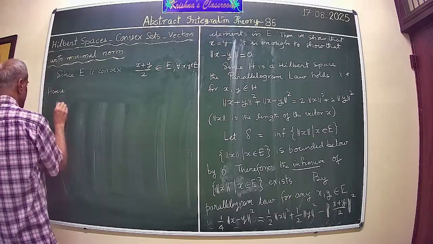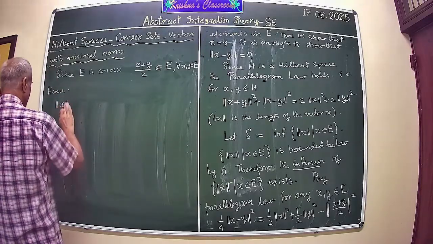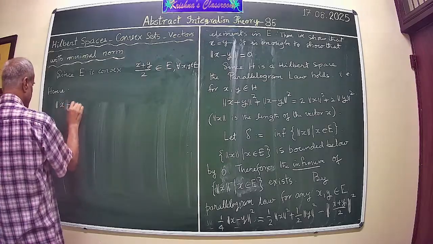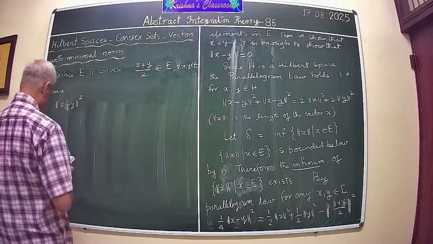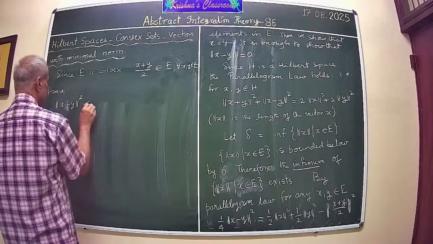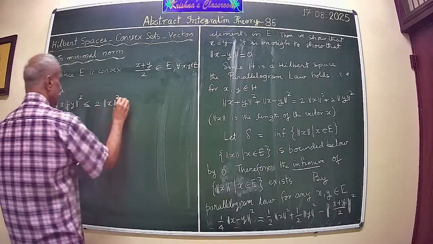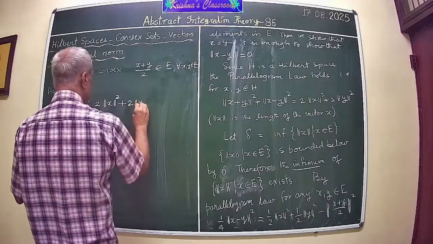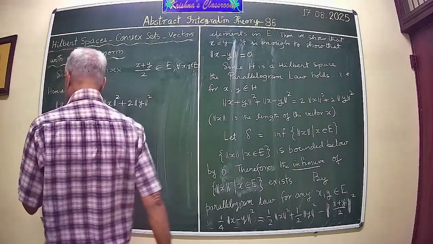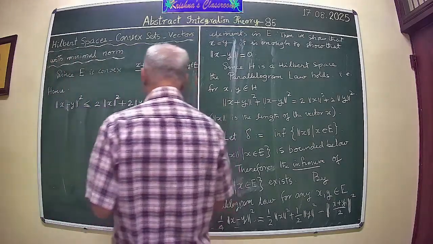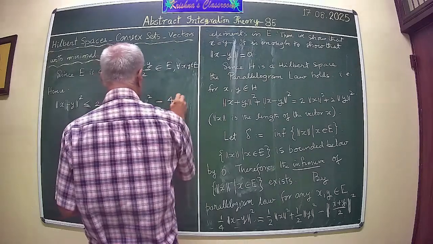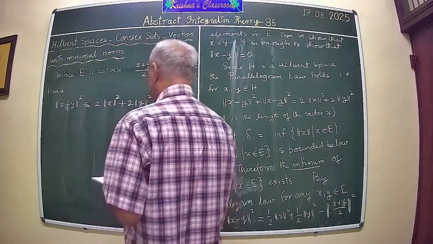norm of x minus y whole square is less than or equal to twice norm of x square plus twice norm of y square minus 4 delta square. Why does this come?